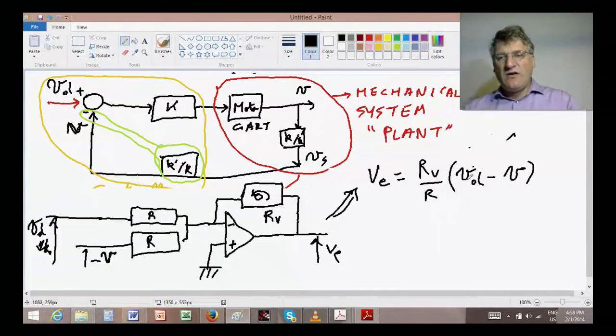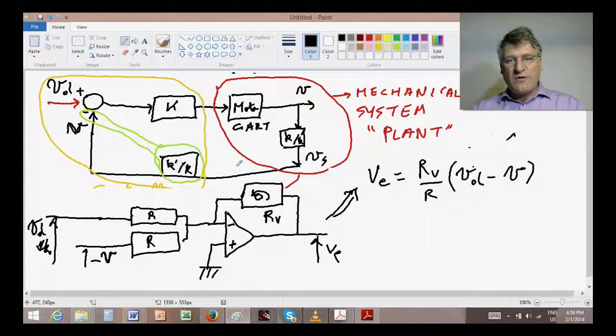Okay. Now this V is a speed. That V is a speed, but through the transformation over K prime over K, what we should say is that this is a voltage which corresponds to the desired speed and the actual speed. So these are actually voltages, but their values are the same as what we wanted.